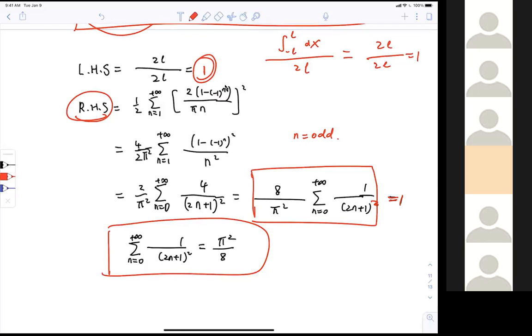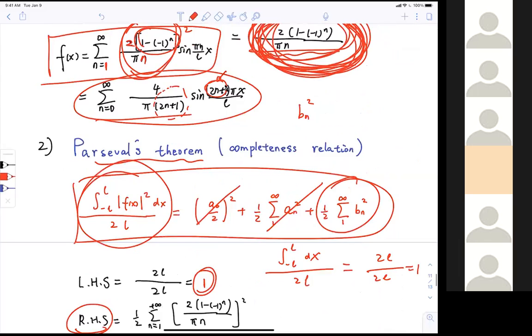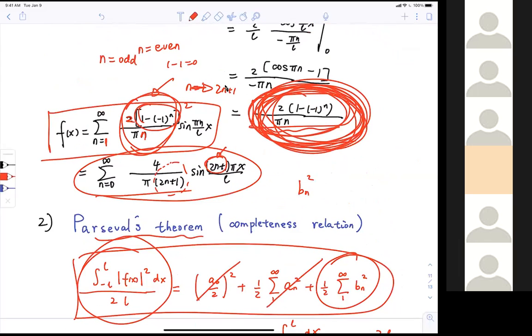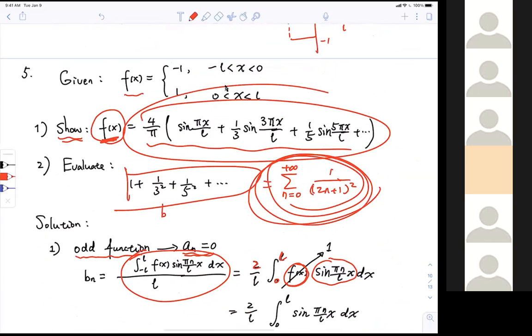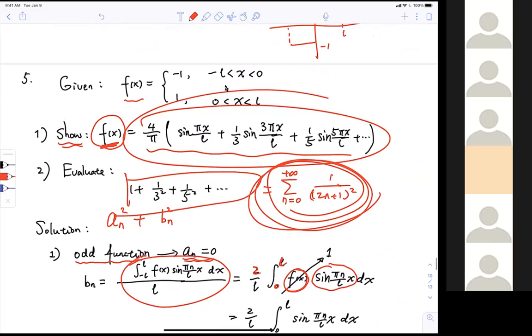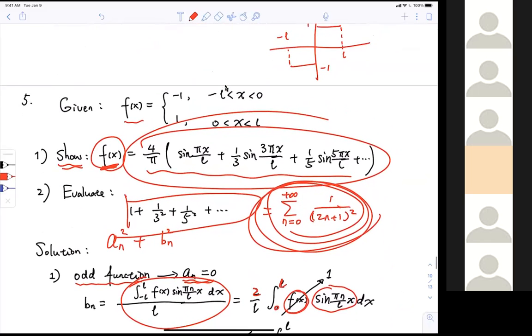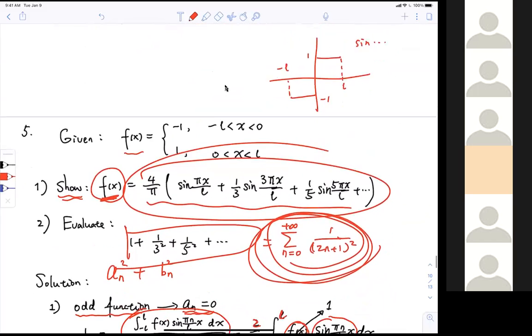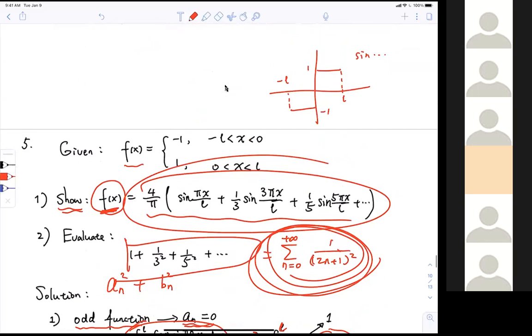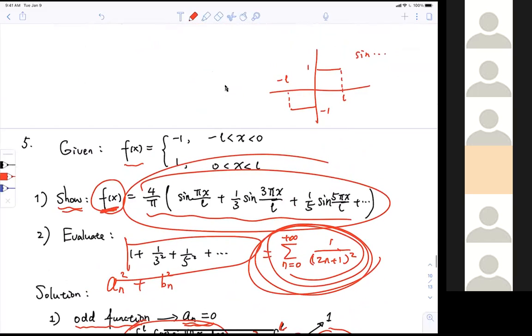So there's a question, what if Bn and An are both non-zero? In that case, the question won't ask you to evaluate only Bn, right? Then there must be words apart from that, something like An squared.